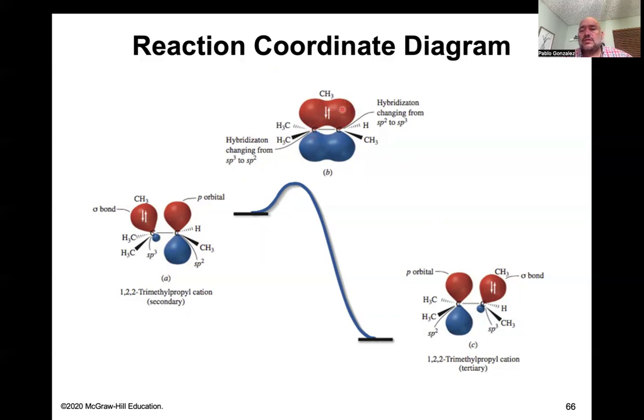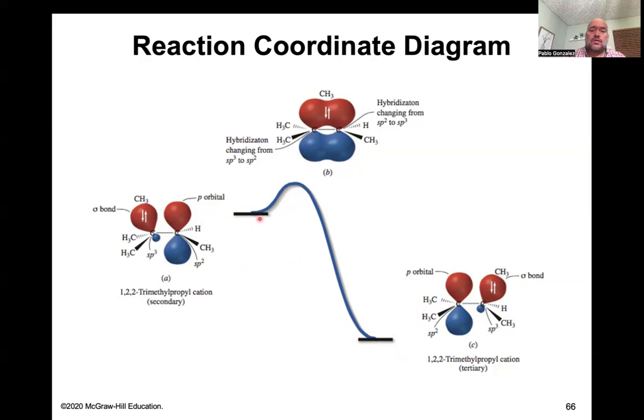And then we're going to have those electrons on this carbon with the CH3, and we have here the CH3 that was migrated from this carbon to this carbon, and now we have the carbocation on this one, and we have the one, two, three tertiary carbocation. That's why this is more stable than this one, okay? And even though we invest a little bit of energy, we get all this stabilization by investing this amount of energy.